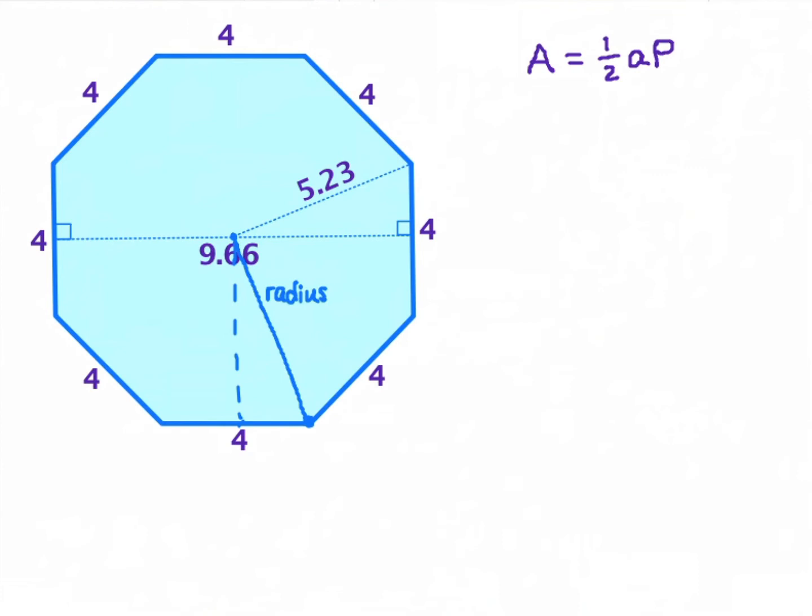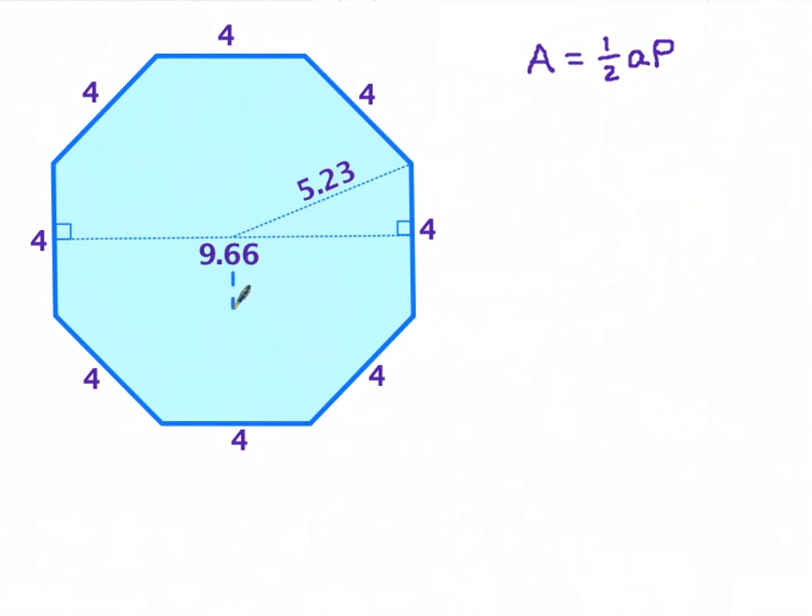Now on a shape like an octagon, this 9.66 that goes all the way across can be split evenly, right? For example, if we put that 9.66 up and down, because of how an octagon is formed, we could just split that into 2 equal pieces, and that would give us the apothem.